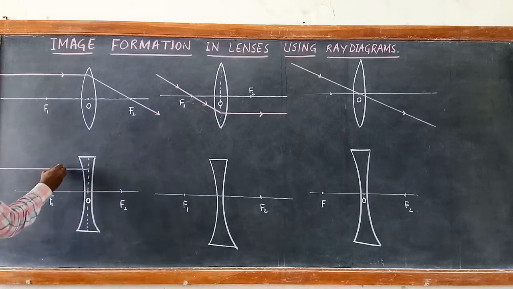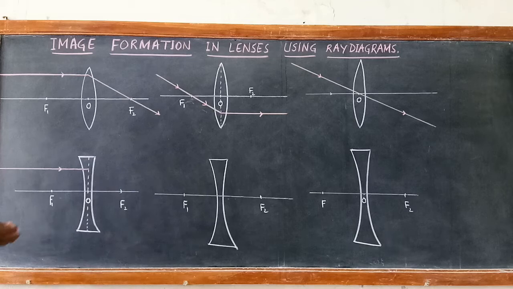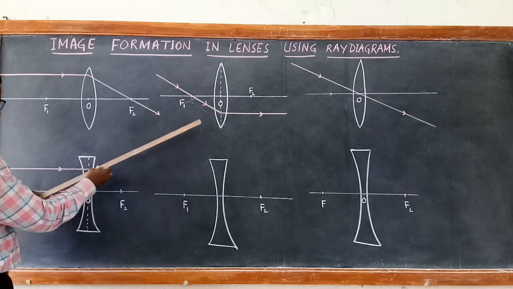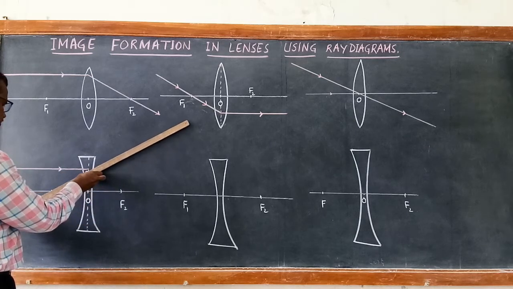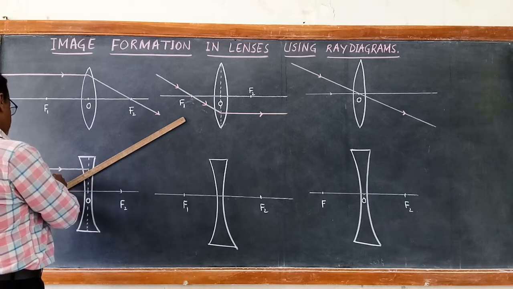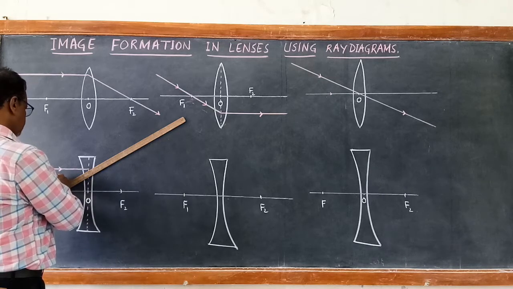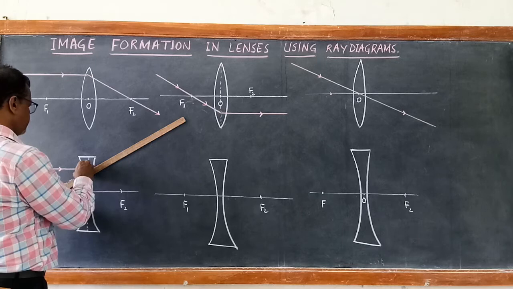It diverges after refraction. Since the surfaces are concave, the ray gets diverged. The diverged ray must be drawn in such a manner that it appears to originate from the focus on the same side.